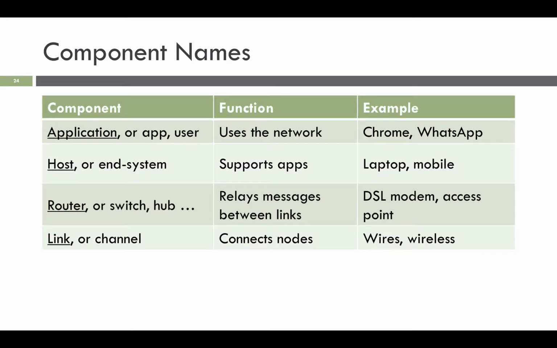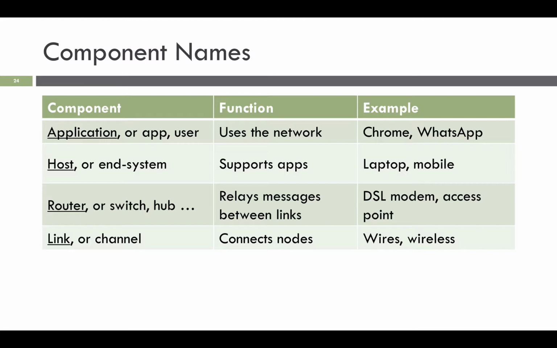An application, host, router, and links are terms that describe the basic concepts of a network. An application is something that uses the network. In this example, think of desktop or mobile apps such as Chrome or WhatsApp. The function of the host is to support the application.